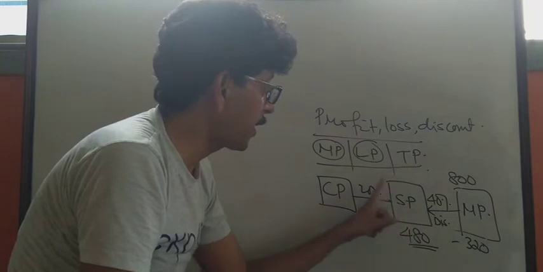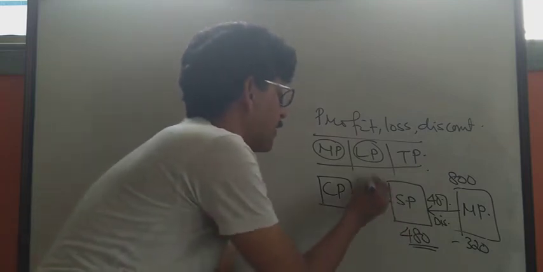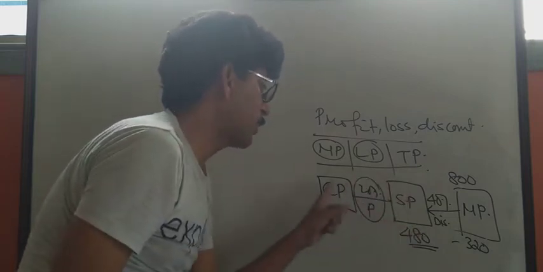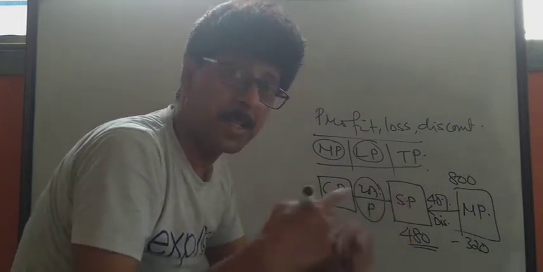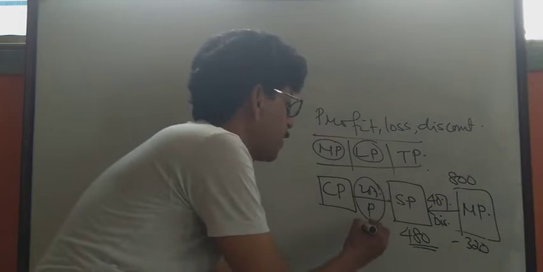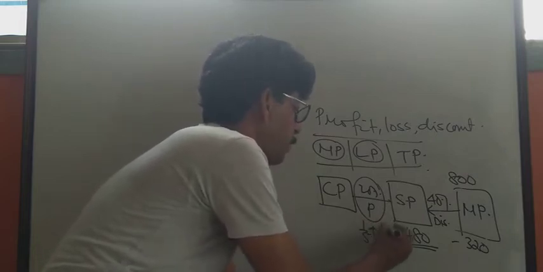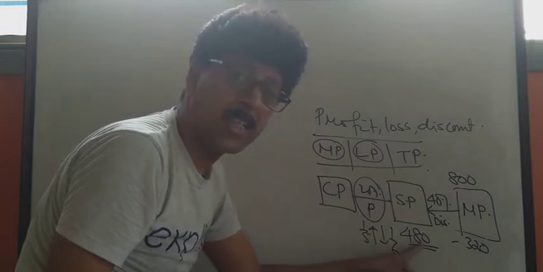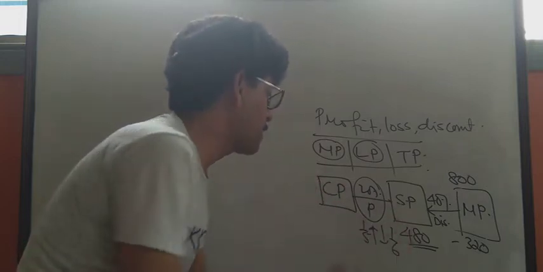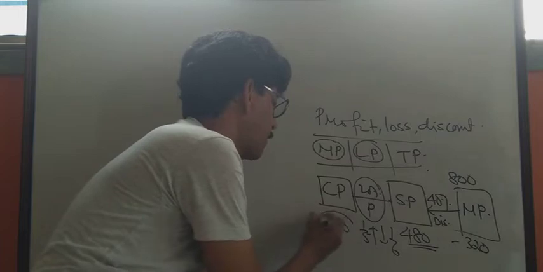Selling price 480, profit 20%. Now you are going to calculate cost price. Since it is selling price, it has to be an indirect calculation. 20%, 1 by 5 up means 1 by 6 down. 1 by 6 of 480 is 80 rupees. So 80 rupees down, and this becomes 400.